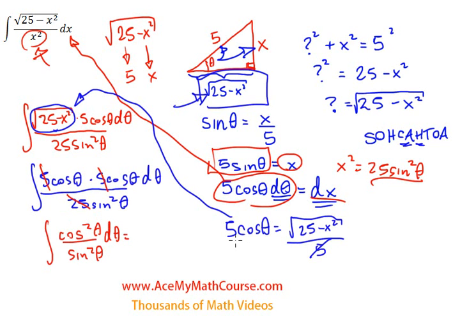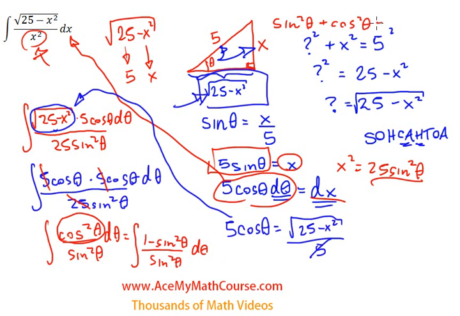Great. Now, what do we do here? My favorite thing to do at this point is to convert the cos squared into 1 minus sine squared. Because remember the Pythagorean identity that tells us that sine squared theta plus cos squared theta is equal to 1.